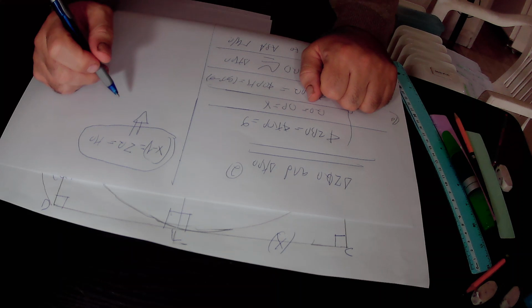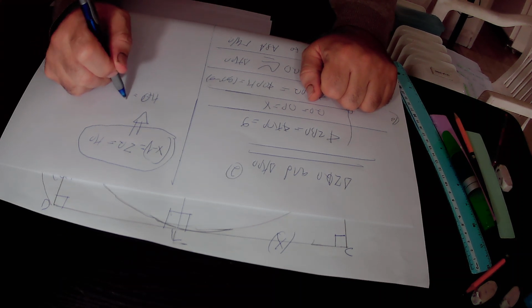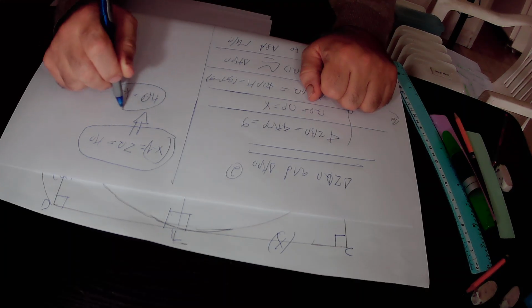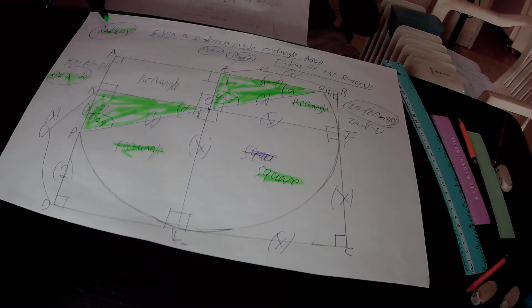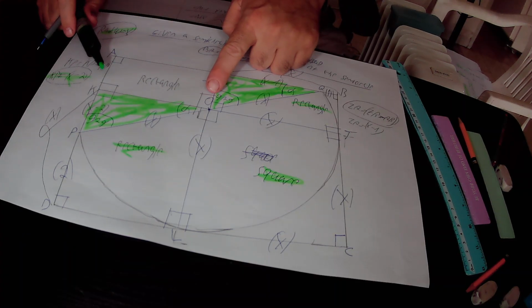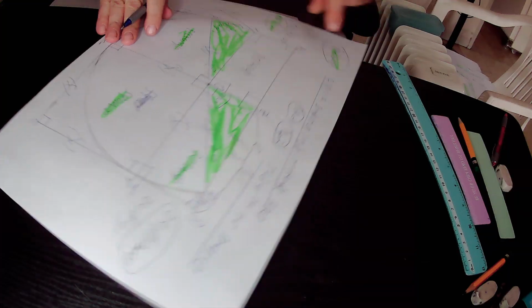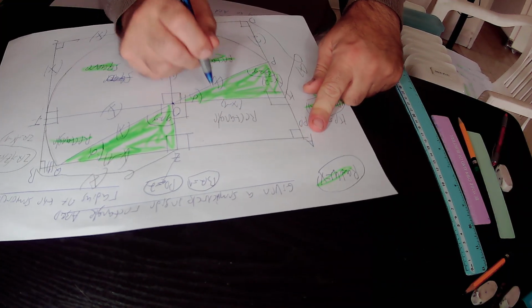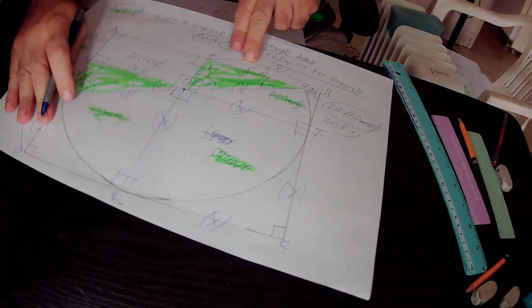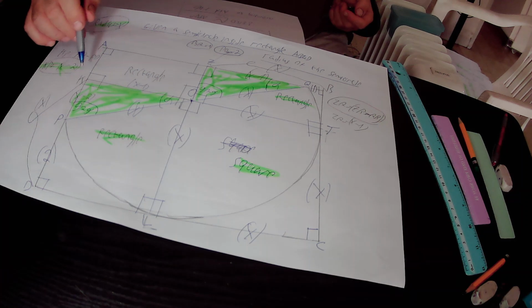We know that the missing side KO must be equal to X minus 1 units in itself. In the next step, we will implement the Pythagorean theorem on this right green triangle KPO.